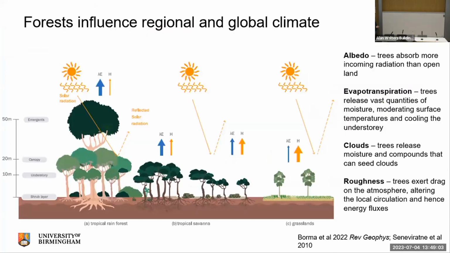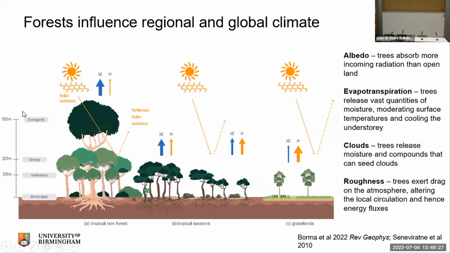So I just thought I'd start by putting what I'm going to say in a bit of context. Forests influence regional and global climate through different mechanisms, and I've tried to illustrate that here. One of the obvious ones is albedo. How reflective is the land surface?